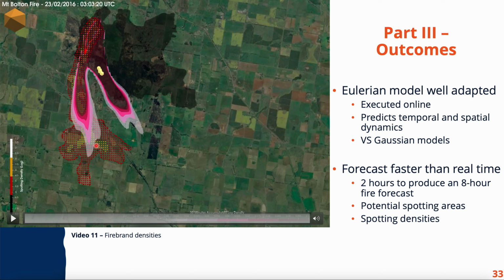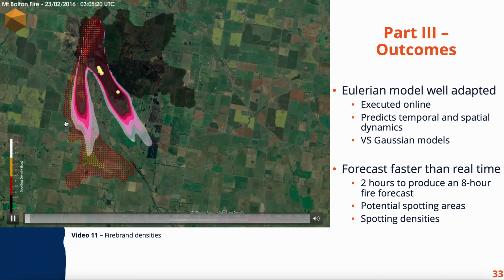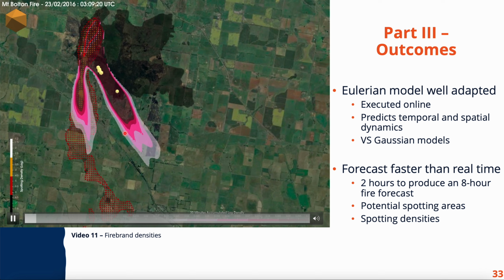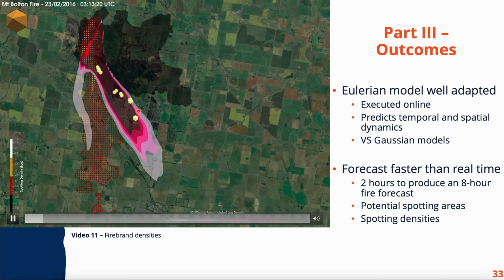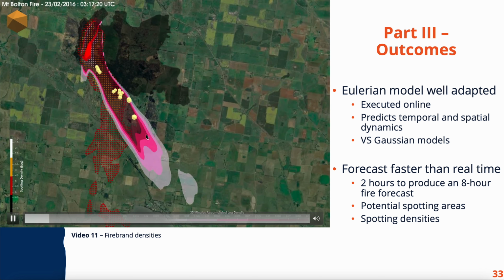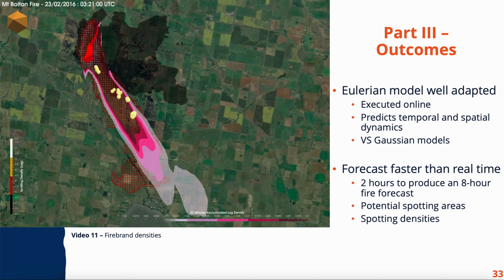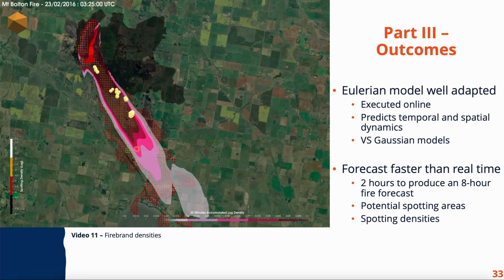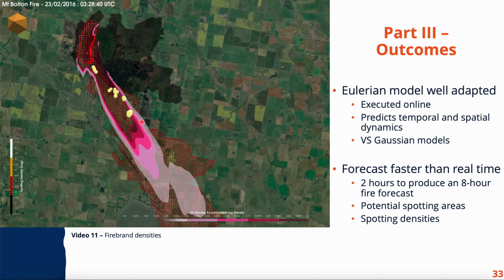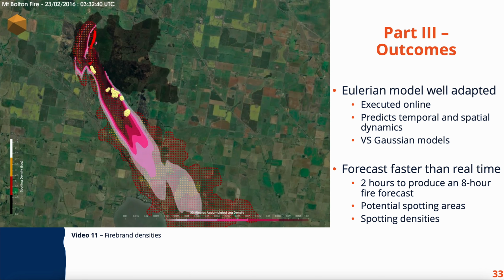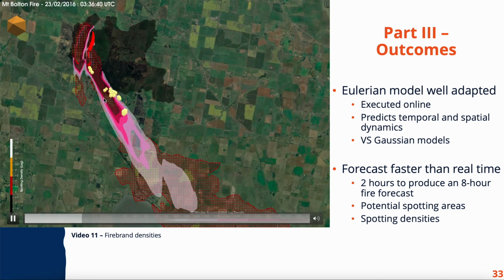And so when we show the dynamics of the phenomena, you see in dots the dynamic field, and in pink the 30-minute accumulated field. And so you see that the accumulated field is well reproducing the dynamics of the spot fire, indicating that this is a region where firebrands, where spotting could happen, because there is a lot of mass being deposited.